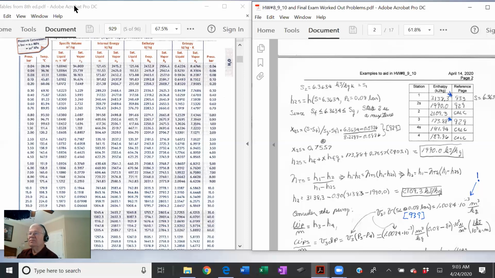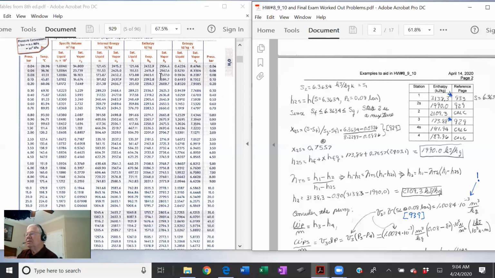So let's look. Here's 0.08 bar. HF was 173.88. So we solved this equation for H2S, well, I mentioned that. So here's the 173.88 right here.